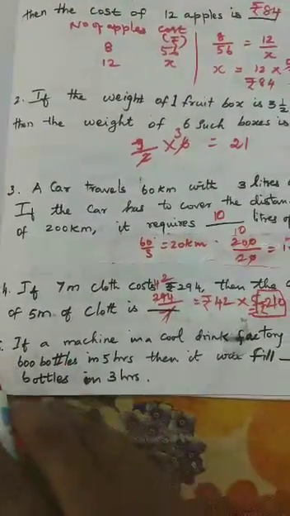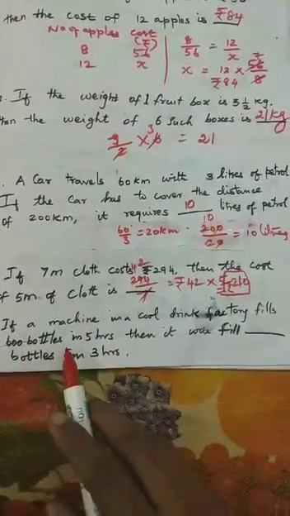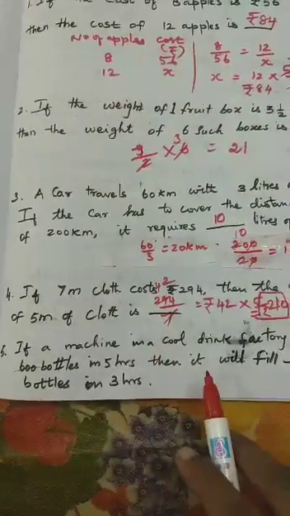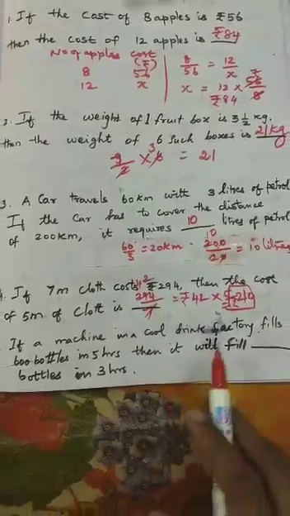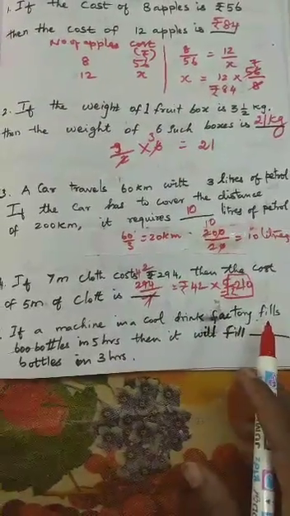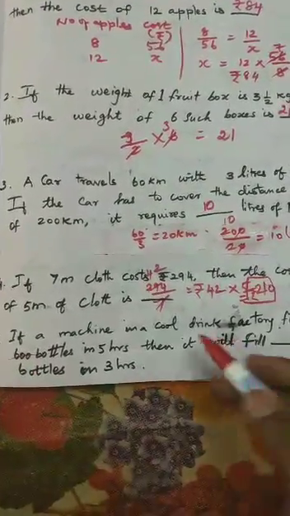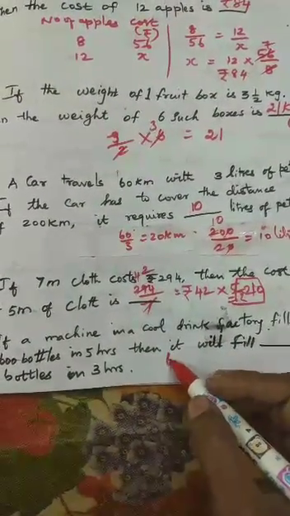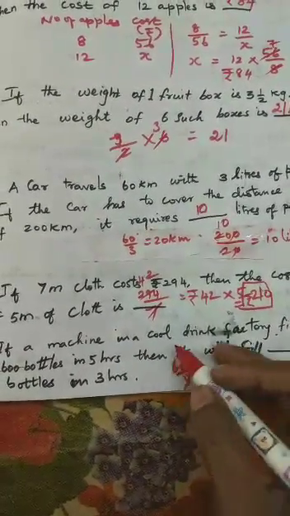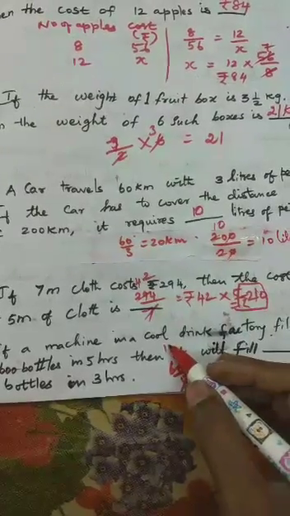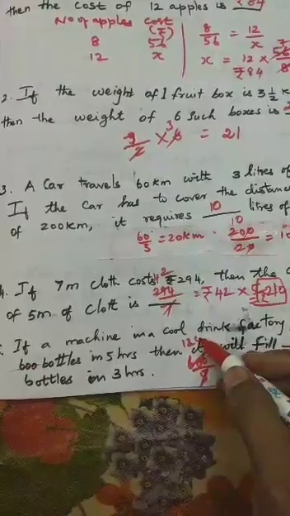Okay. Then next one. If a machine in the cool drink factory fills 600 bottles in 5 hours, then it will fill dash bottles in 3 hours. In a cool drink factory, for 5 hours it is filling 600 bottles. So you have to see for 1 hour. 600 divided by 5. So 5 ones are 5, 5 2s are 10, 5 2s are 10, here 0.